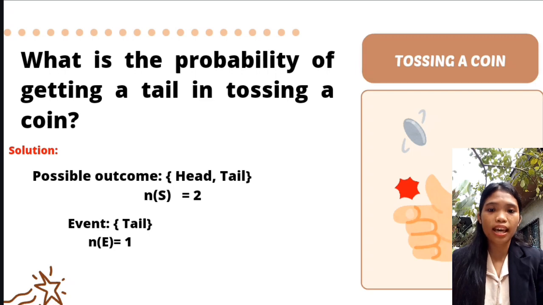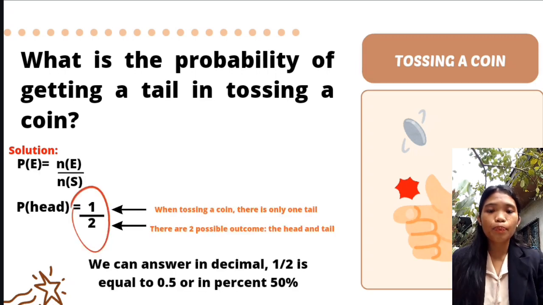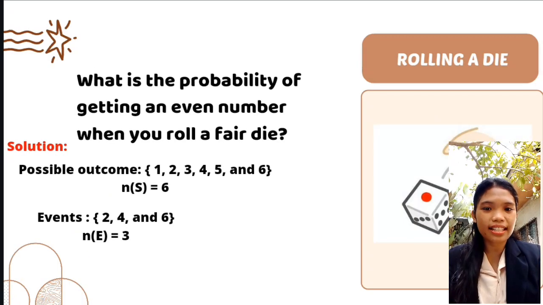Since what we are looking for is the probability of getting a tail, the number of tail is equal to 1 since there is only one tail in one coin. Use the formula. The P of event is equal to number of favorable outcomes over the number of total possible outcomes. Therefore, our answer is 1/2, or in decimal point 0.5, or in percentage 50%.